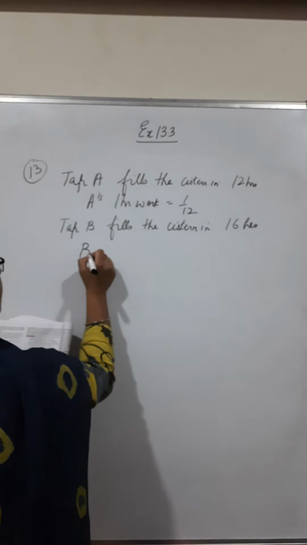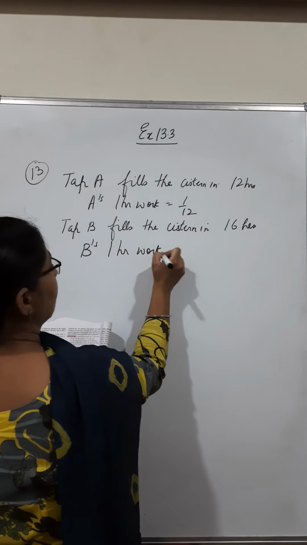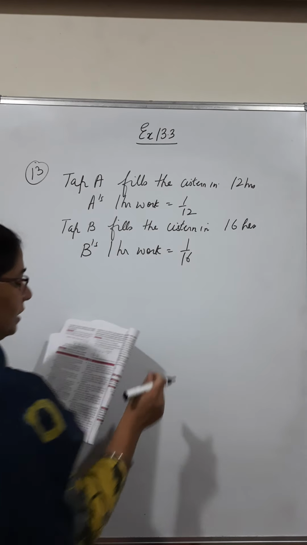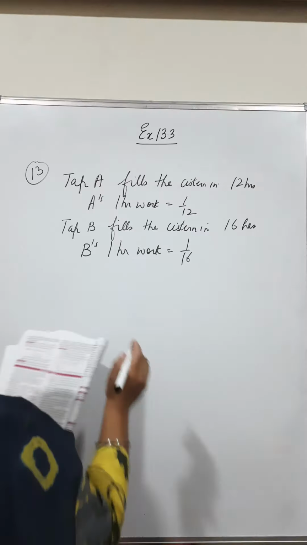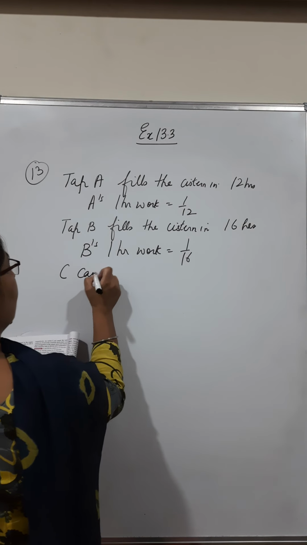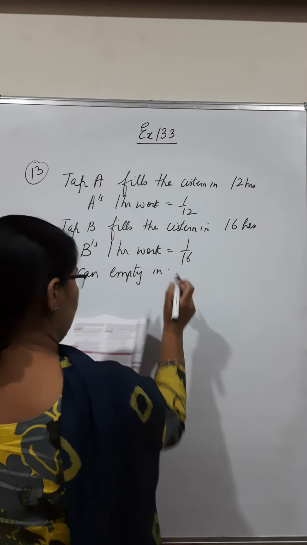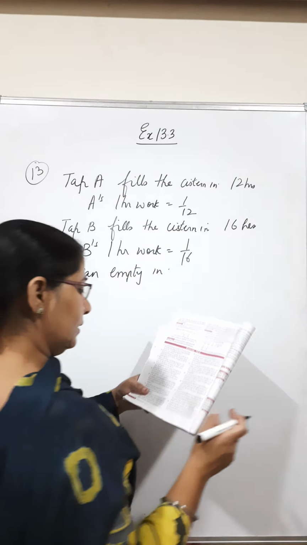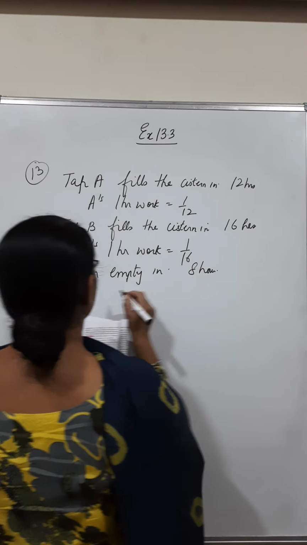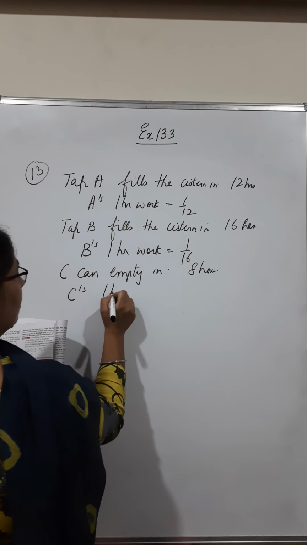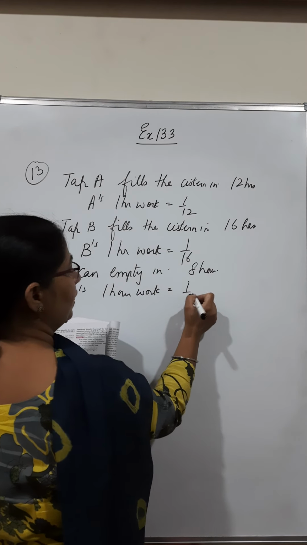So B's 1 hour work will be equal to 1 by 16. Now what is C doing? C is emptying it. So C can empty in 8 hours. So C's 1 hour work will be 1 by 8.